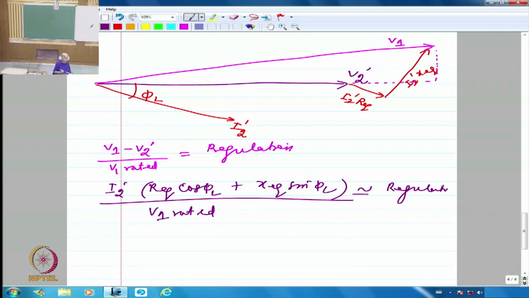So what he is trying to say is, if we neglect that vertical component I have shown, then we are getting the regulation value to be different. Right? Definitely if you don't neglect that vertical component, it will be more accurate.